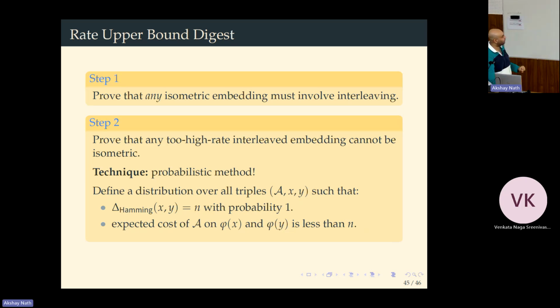Okay, anyway, so coming back to this, you look at all possible pairs which are at distance n, and for each of them, you just take a random shift. And then we show that in expectation, the edit distance is less than n. That means that there is some shift, I don't know which one, it depends on how we define the embedding, but there is some shift whose cost gives me less than the Hamming distance, so it's not isometric.